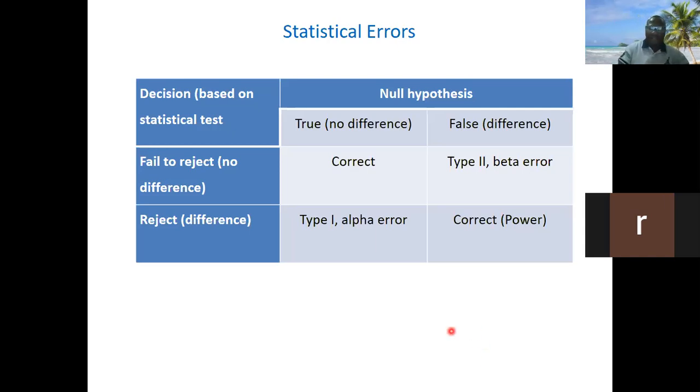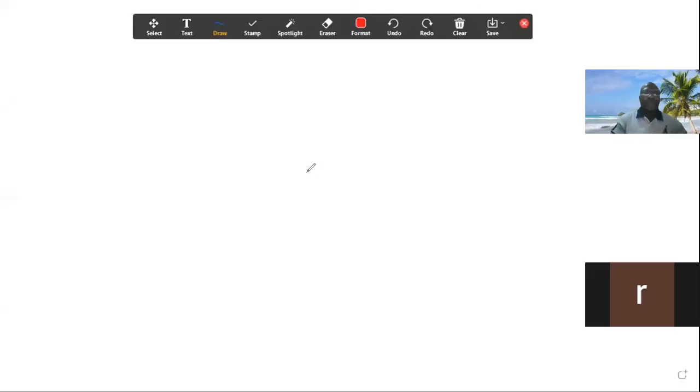I just want to draw something to explain that. The probability of making type 1 error is the p-value. I want to share a whiteboard, so you can see the whiteboard now.